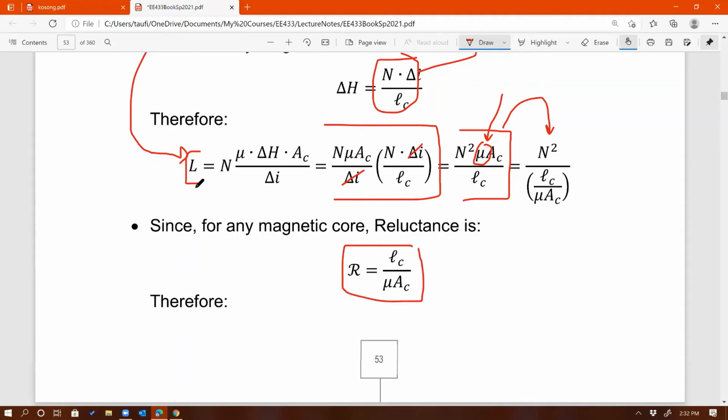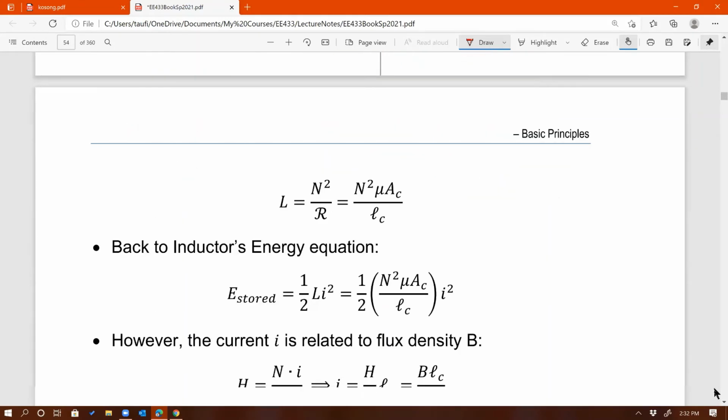So therefore, inductance turns out to be equal to number of turns squared divided by the reluctance right there. Which is again the longer version of the equation if you don't simplify this portion to be the reluctance of the core.